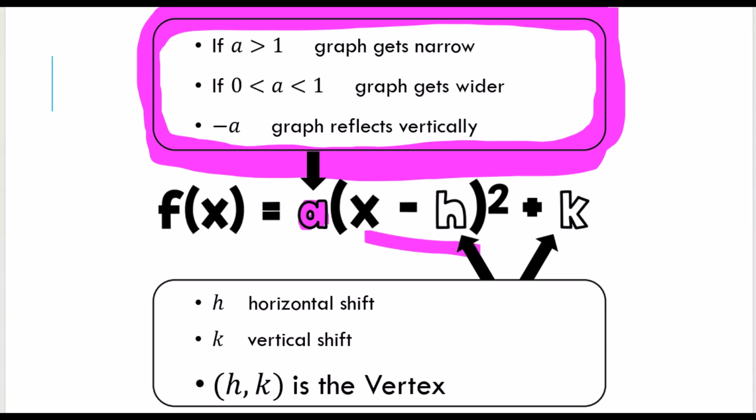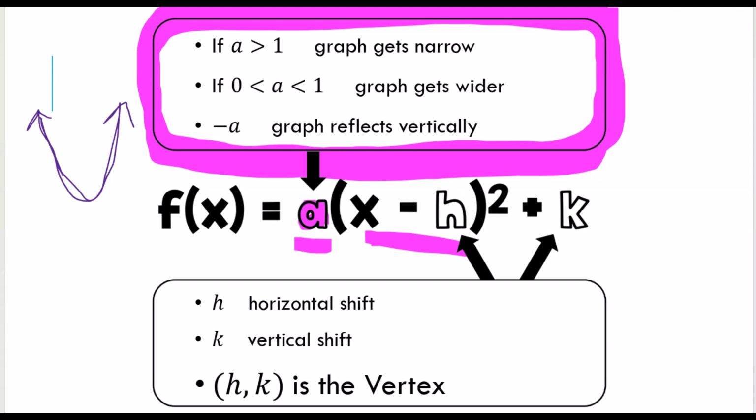So this A value, or this number that's in front of the squared, do you see how we have x minus something squared? This value right here affects basically the width of the parabola. If A is greater than 1, the graph gets more narrow.